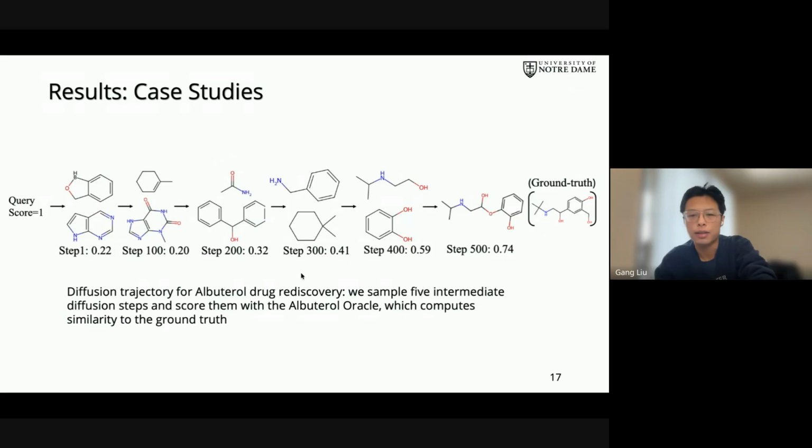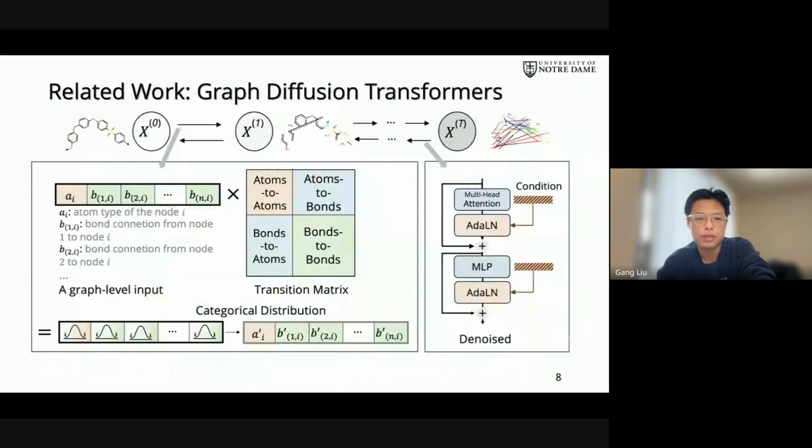The noise tensor. Let's go back to this page. Can you see this page? Here is how Graph DiT adds noise on the atom level. Basically, you can replace the atom with a motif in this figure. The noise here is motif to motif noise, and here the bond is an edge to motif transition matrix.